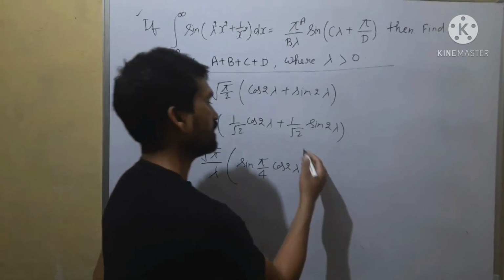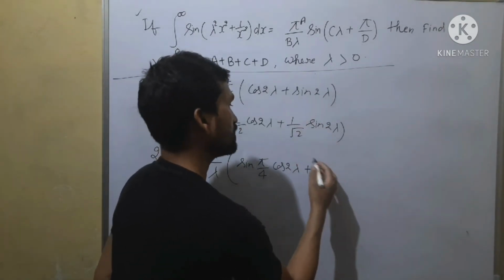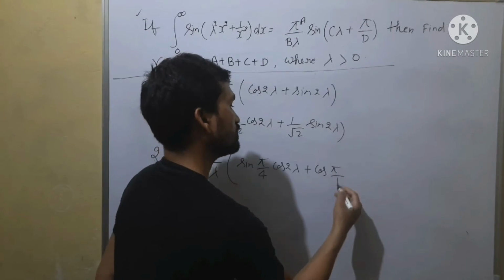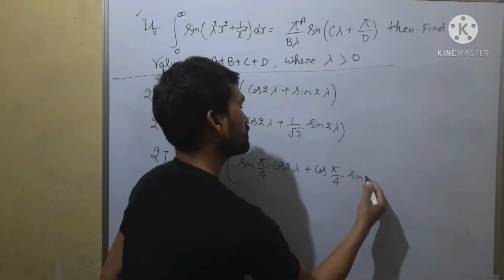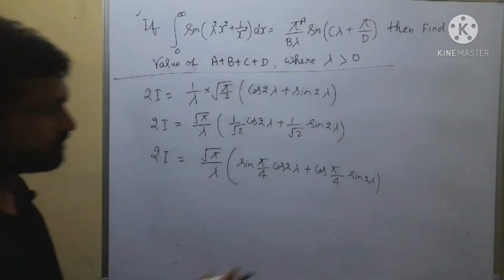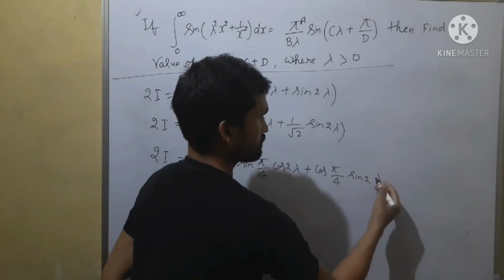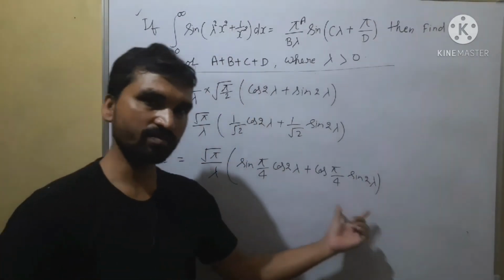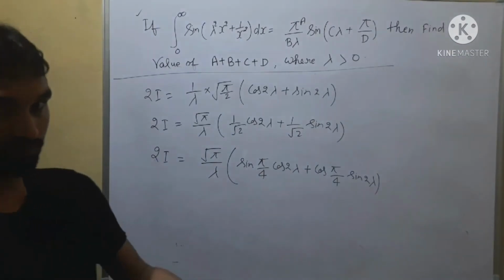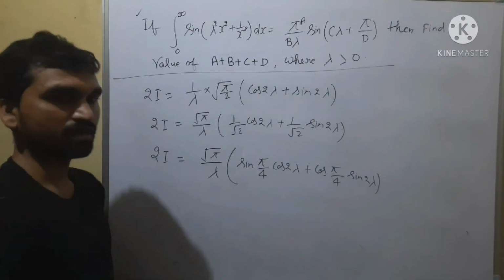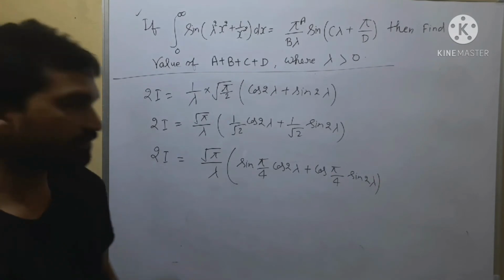Okay, and this 1 by root 2 will be replaced by cos of pi by 4 sin of 2 lambda. Okay guys, it is our popular formula sin of pi by 4 plus 2 lambda, or we can write it as sin of 2 lambda plus pi by 4.